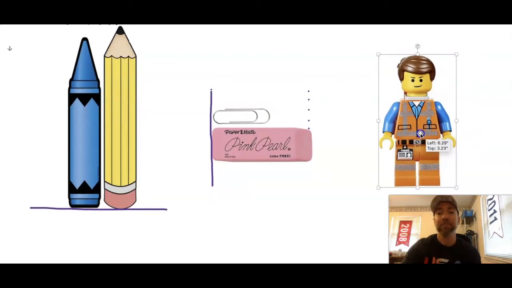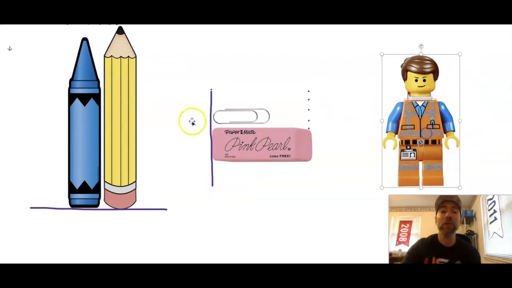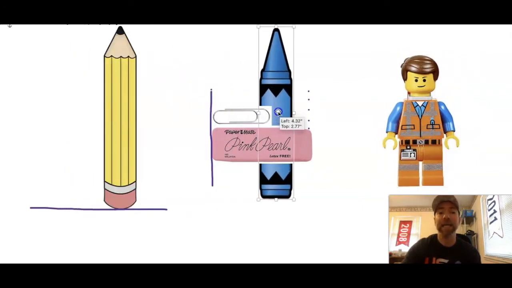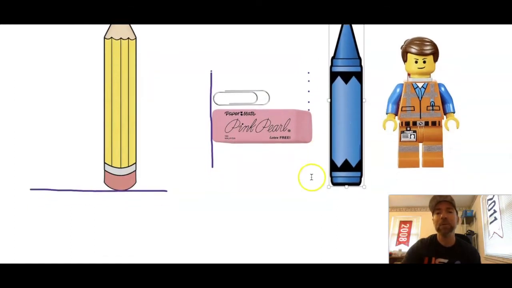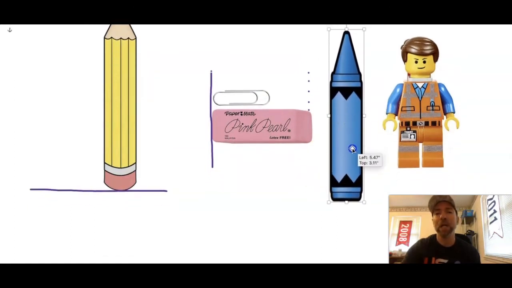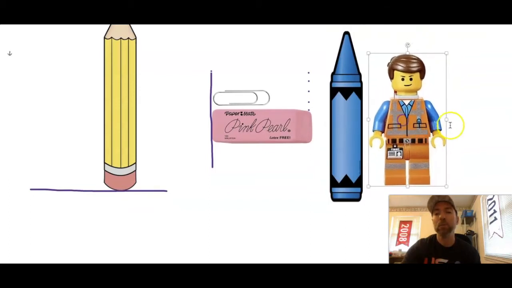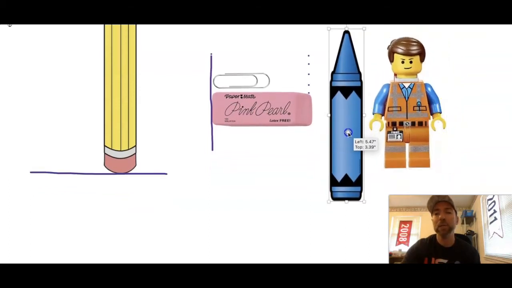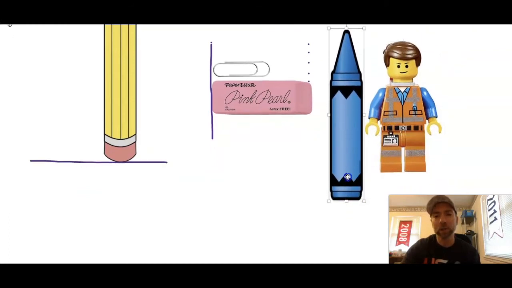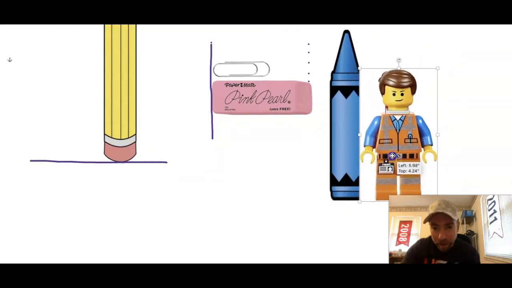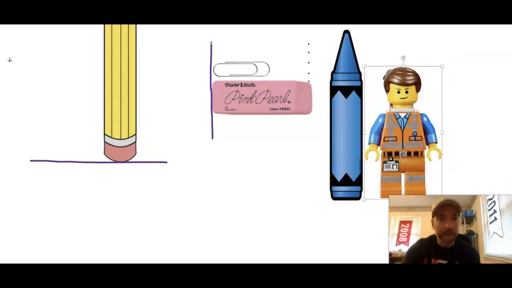Now I can take a look at Emmett also. Here's Emmett. And I can bring my crayon next to Emmett. Because now I wonder, which one's going to be longer? Which one is going to be shorter? Well, the first thing I want to make sure is that they all start at the same line. There we go. I can show you that line is right like that.